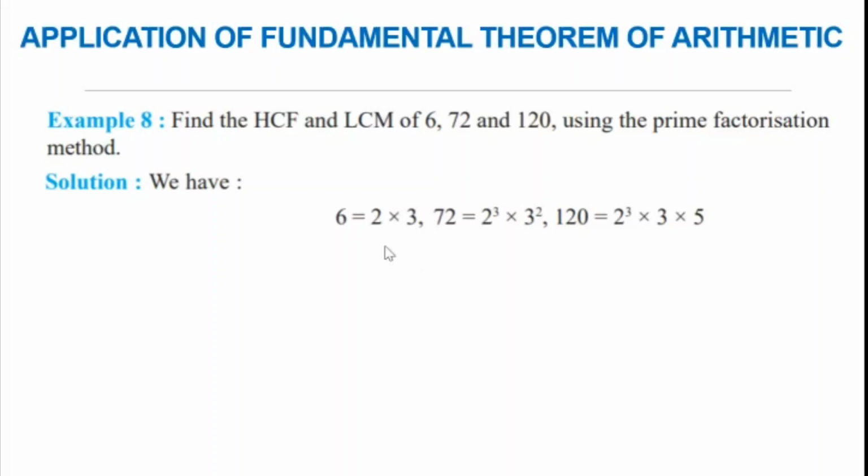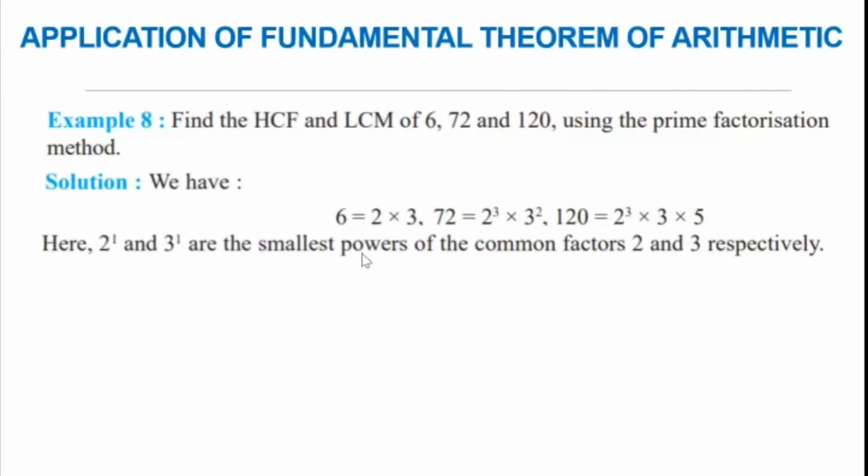So here, the common factors are 2 in all the cases and 3, and their smallest powers are 1. So the HCF of 6, 72 and 120 will be equal to 2 raised to the power of 1 into 3 raised to the power of 1, which is equal to 2 into 3, which is equal to 6. Let's find out the LCM.